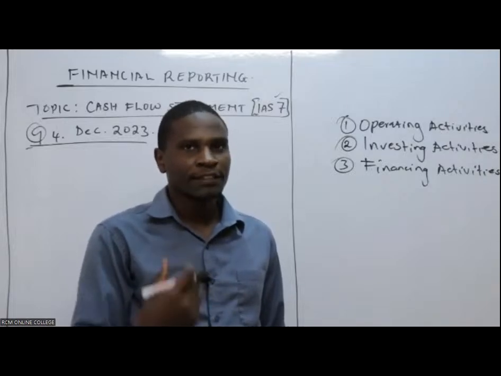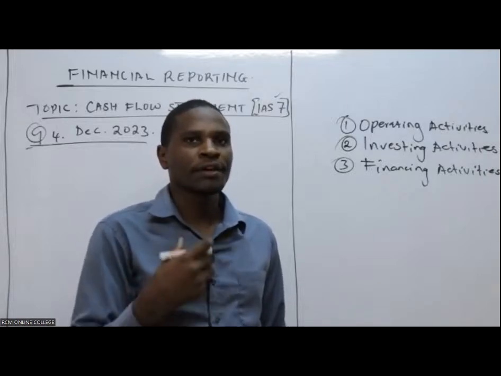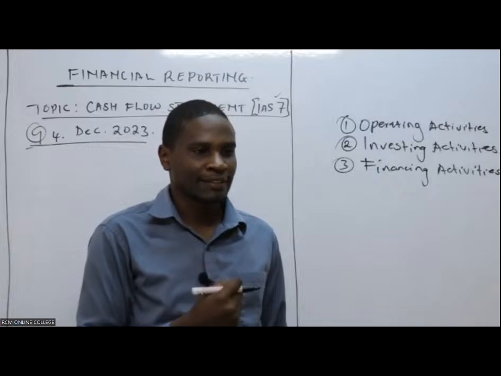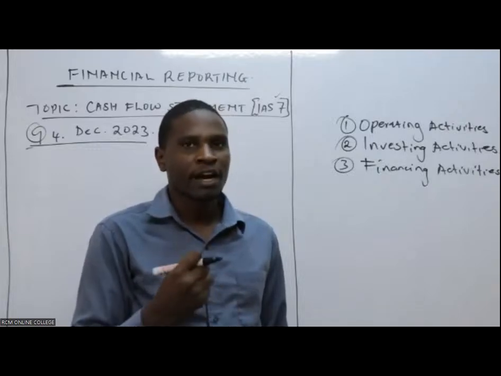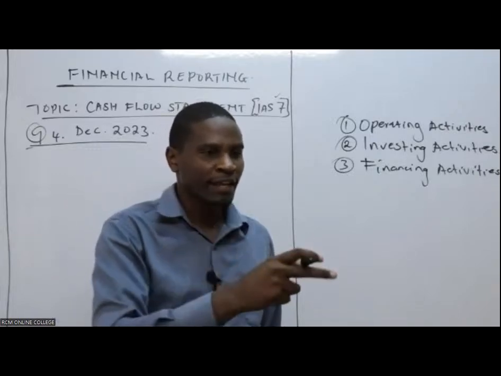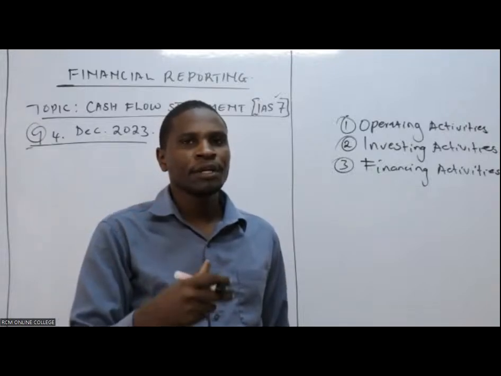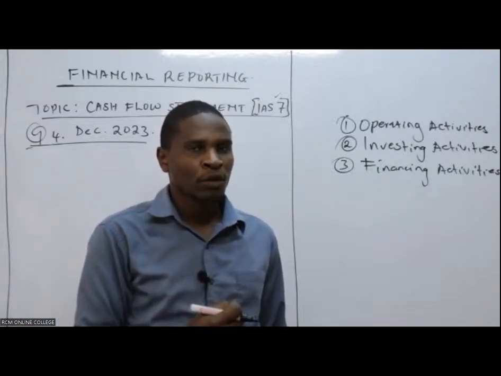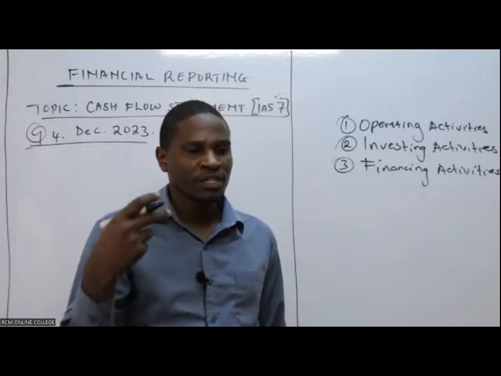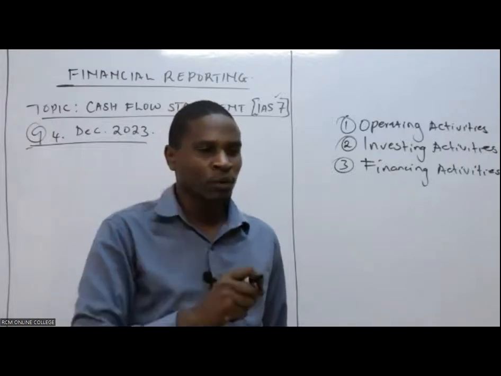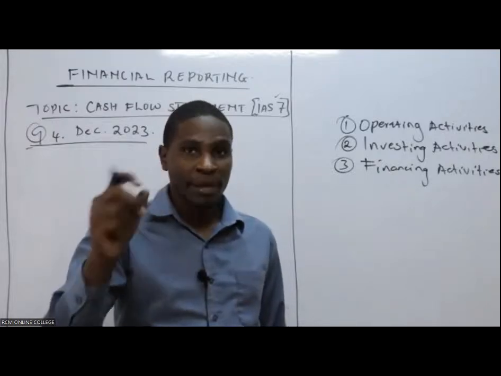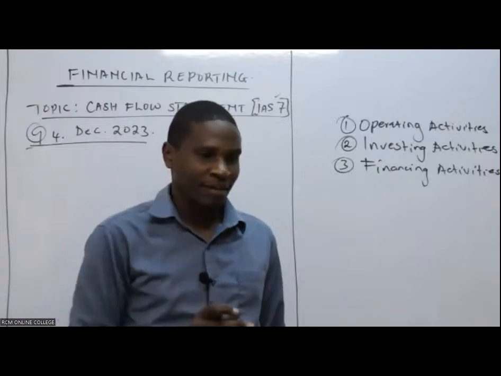Investing activity deals with non-current assets: did we purchase, did we sell? Financing activity: we may sell shares, we may acquire a new loan, we may pay that loan, like that.